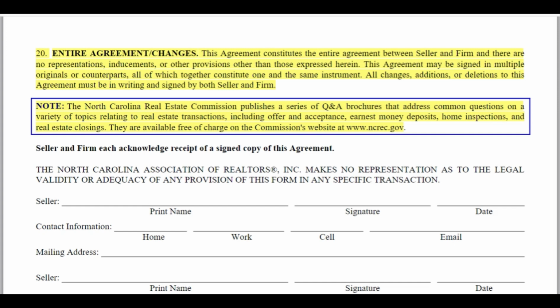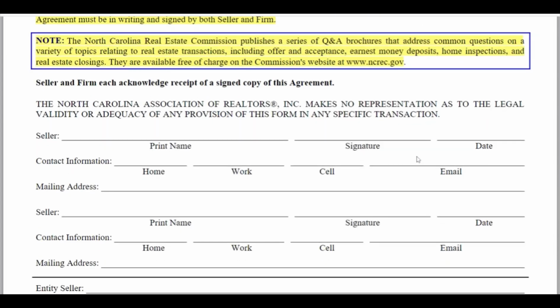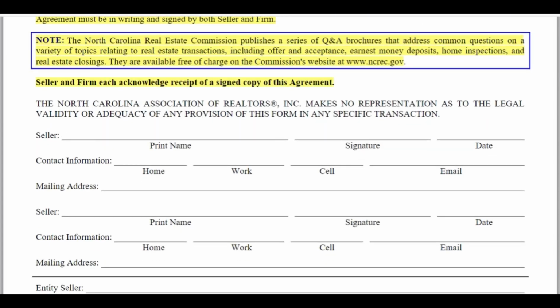So this is for your information and awareness. If you wanted to go to that site and look up any information about these specific topics, you are more than welcome. And this states that the seller and firm each acknowledge receipt of a signed copy of this agreement.